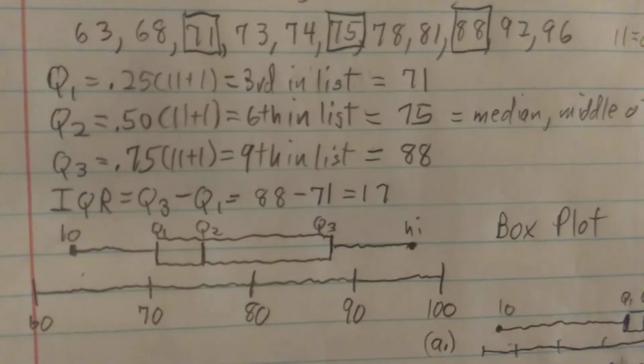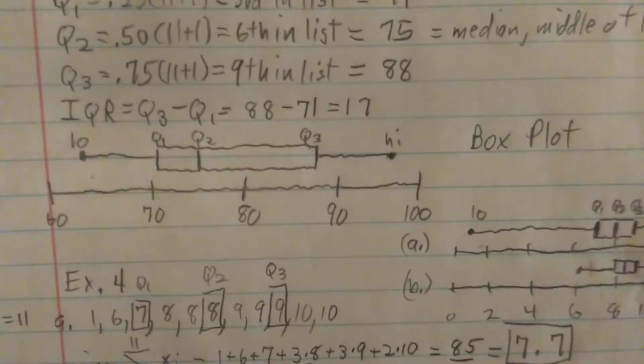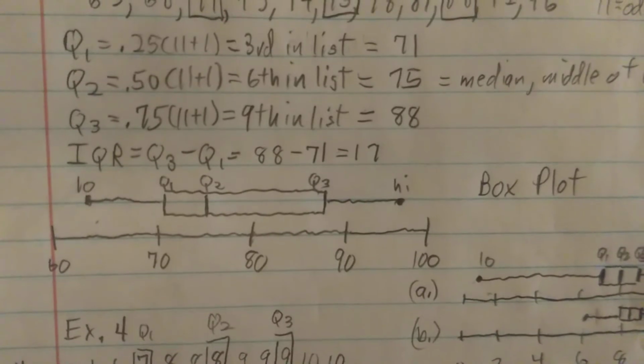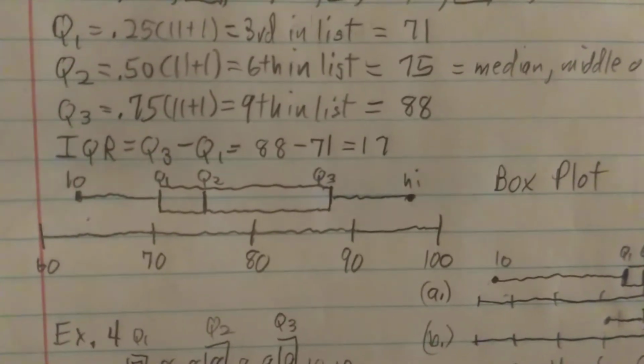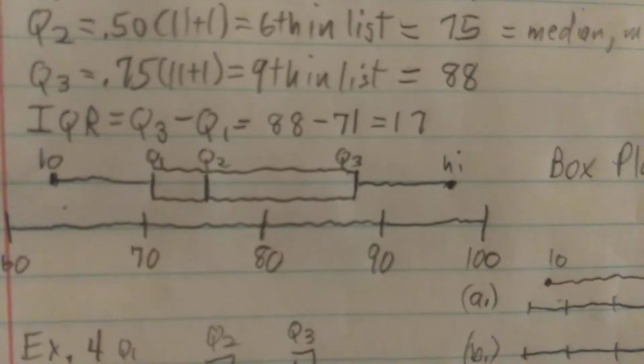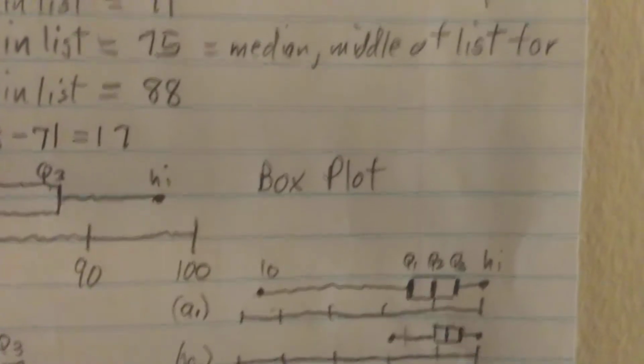Or in calculator, 0.75 times 12 is the ninth one in the list. Now, we are asked to calculate a thing called IQR, which is Q3 minus Q1, which is really the middle 50%, which is showing how the middle is spread out, which for us is 88 minus 71, or 17.